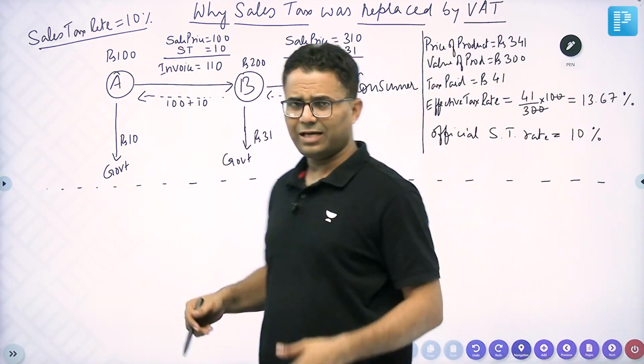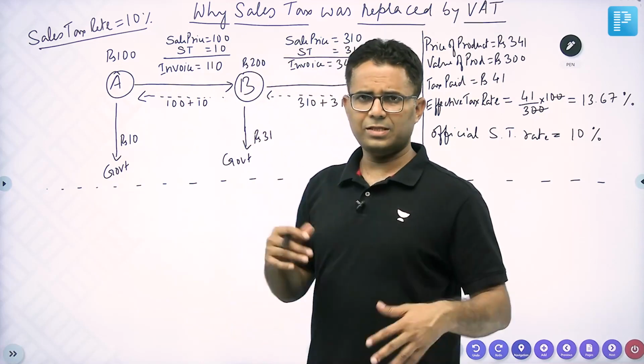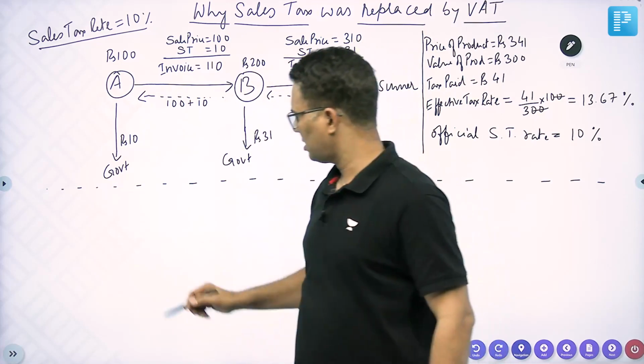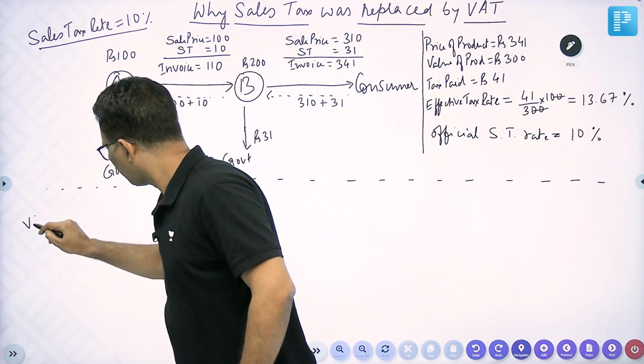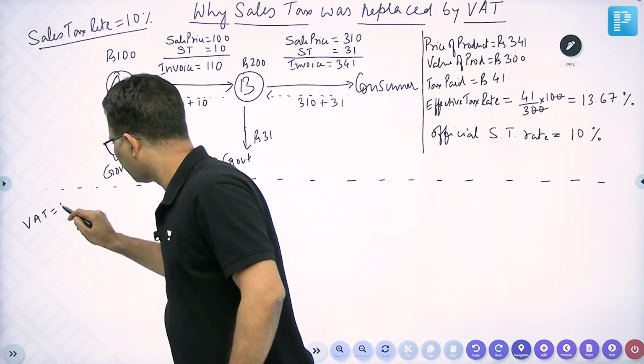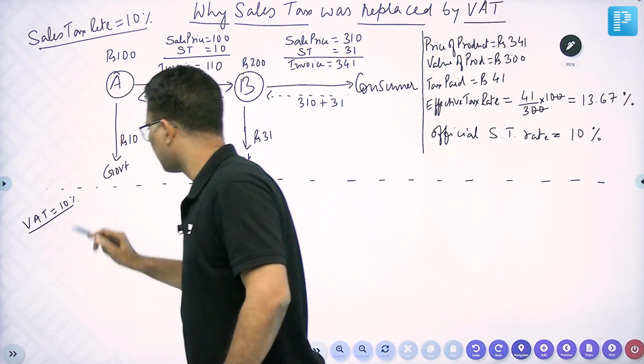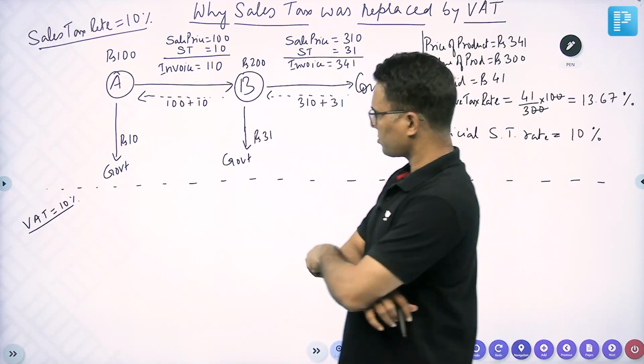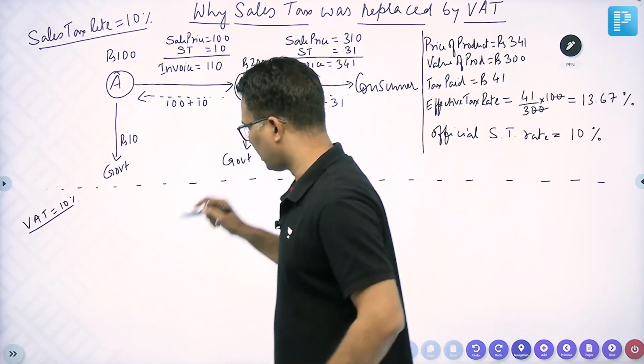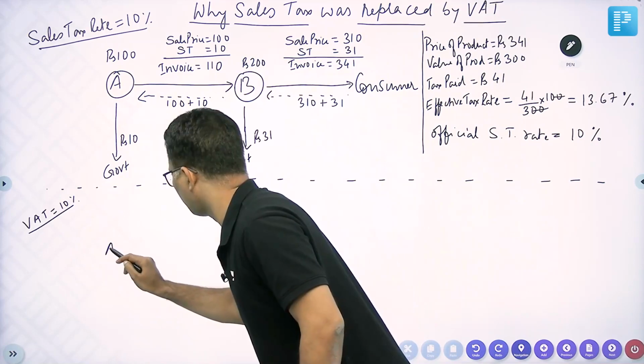Now, if the same thing happens in the VAT regime, then what happens? Let's assume that the VAT rate is again 10%. So let us understand with the same example in case of VAT.